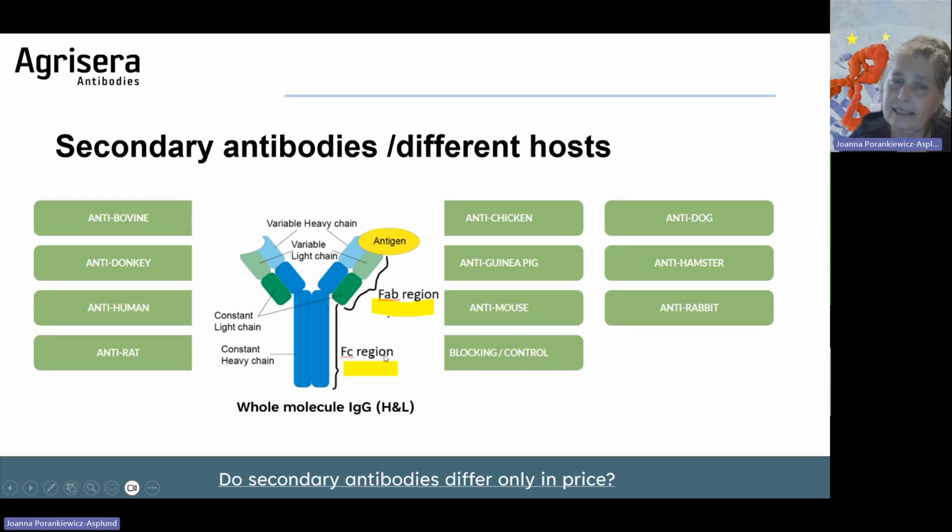When you're choosing secondary antibodies, you may sometimes see a description that they are made to either the so-called handle, the FC region, or to the FAB region where the antigen binding domain is located. Secondary antibodies can be made in all those different species, and they are usually marked as H and L, which means heavy and light chains of a given immunoglobulin.